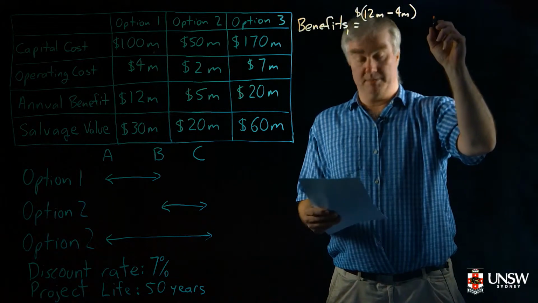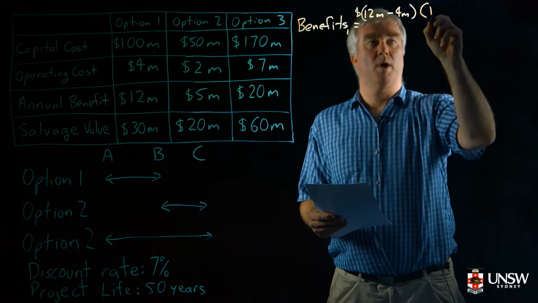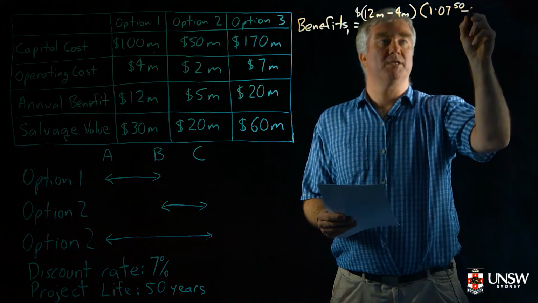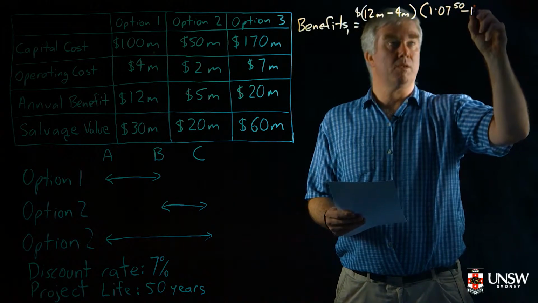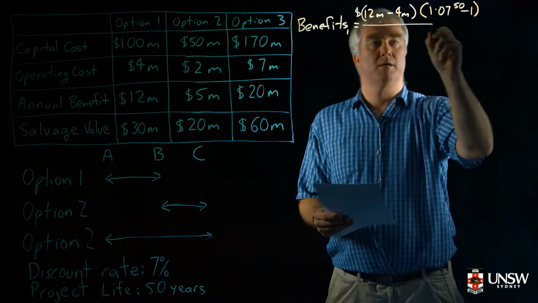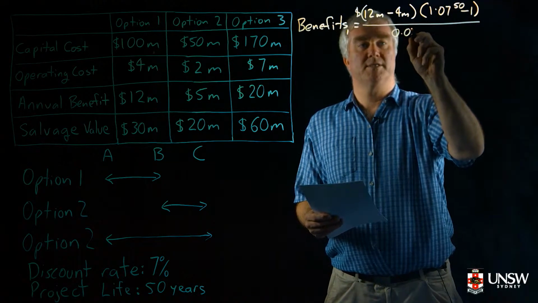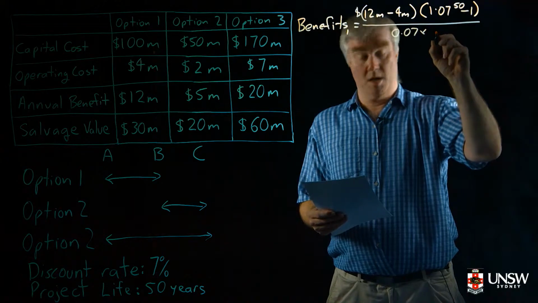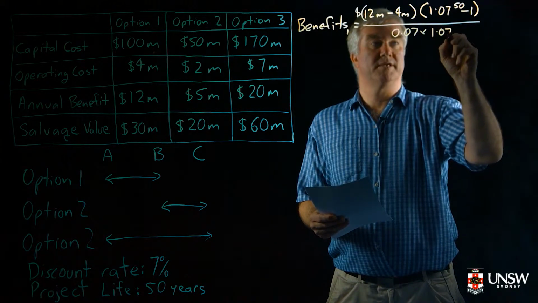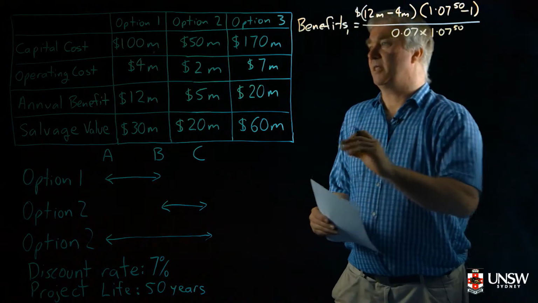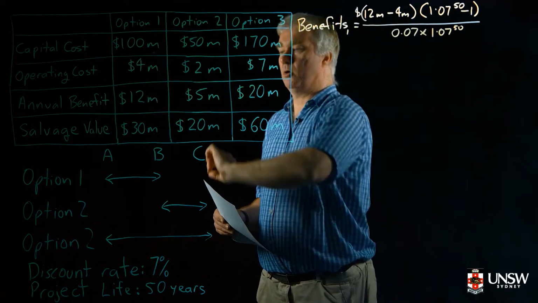So this is going to be multiplied by 1.07 to the power of 50 minus 1, divided by 0.07 times 1.07 to the power of 50. So that deals with our annual cost.